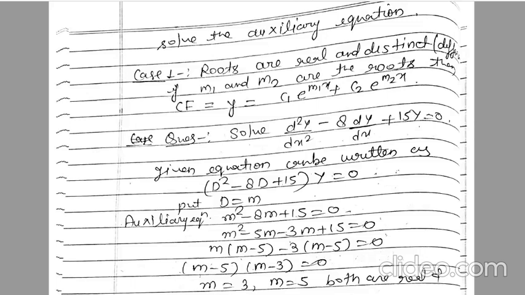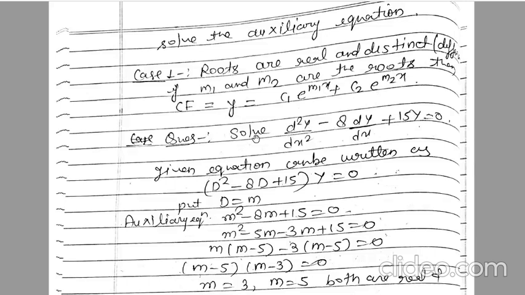If m1 and m2 are the roots of the quadratic equation, then CF, that is y, is equal to c1 e to the power m1x plus c2 e to the power m2x. So you will just write the solution c1 e to the power m1x plus c2 e to the power m2x.